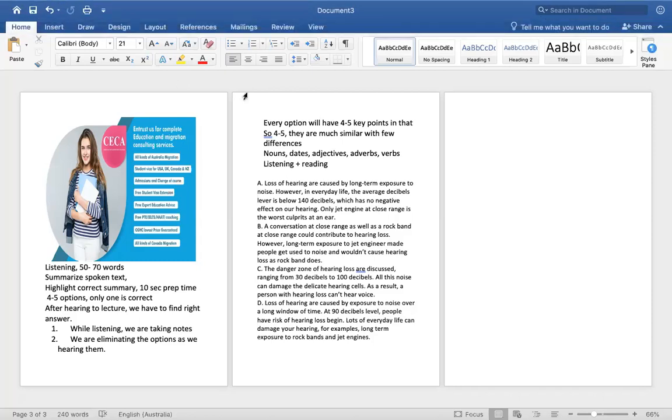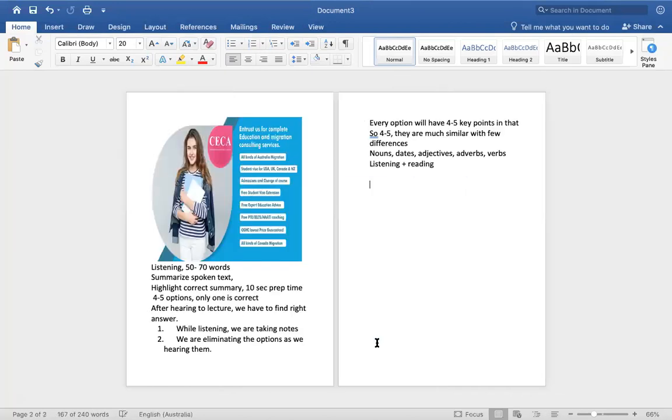Now let's move to the next item type for the listening itself. Let's do select missing word. What happens basically with the select missing word?